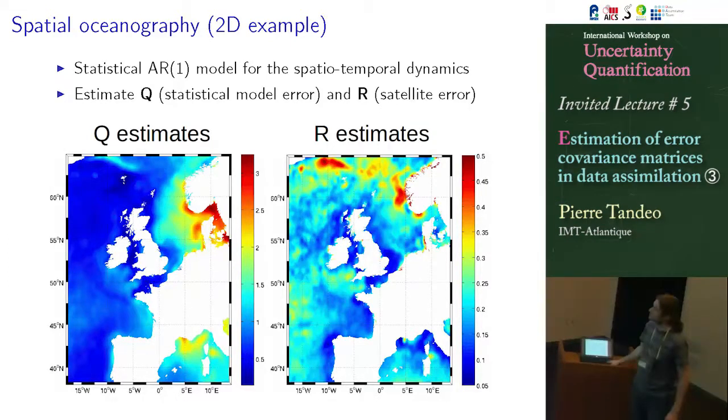This is also known, I think. This is the global mean of the diagonal terms of my R estimates. This is only the diagonal terms. And you see that there are strong errors in this part of Europe. I think it's due to the presence of ice in the ocean. This is also well known for people working on remote sensing.